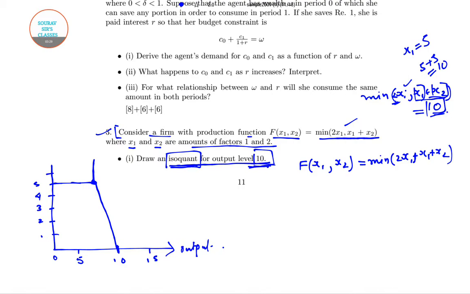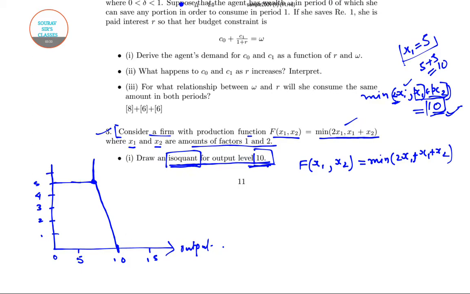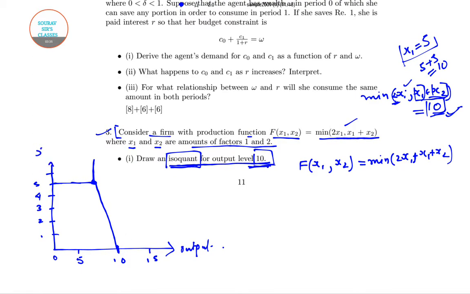So the quantity will be equal to 10 at x1 equals 5. If you measure x1 and x2 on the vertical axis, you will get a kink at this point, because beyond this point the isoquant will become vertical, that is inelastic.